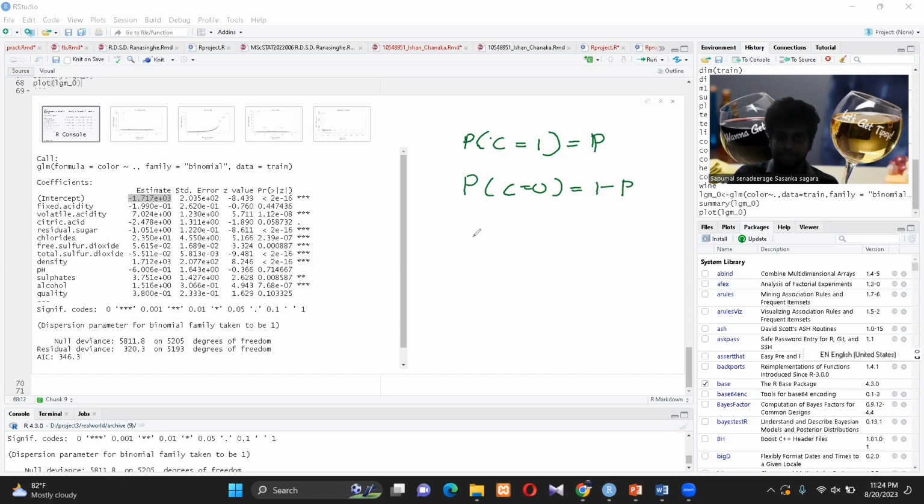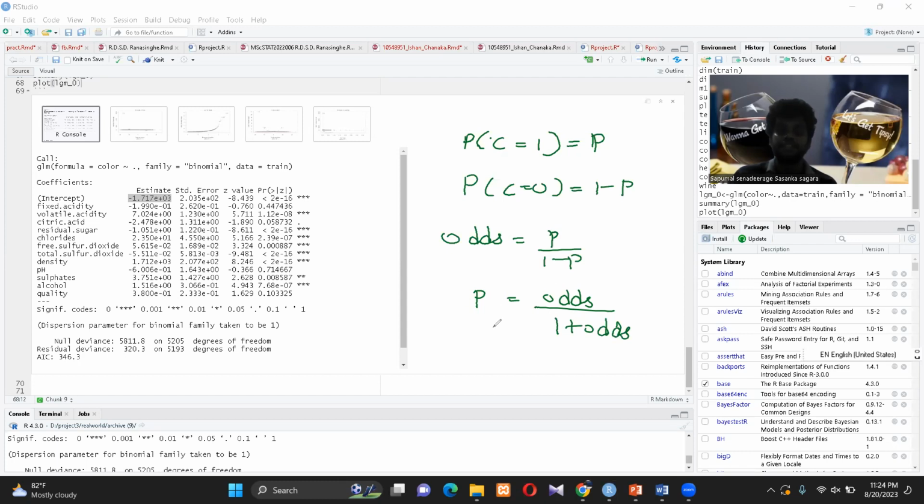The ratio between them is known as odds. Odds is given by p over 1 minus p. Then we can make little p the subject when we cross-multiply.